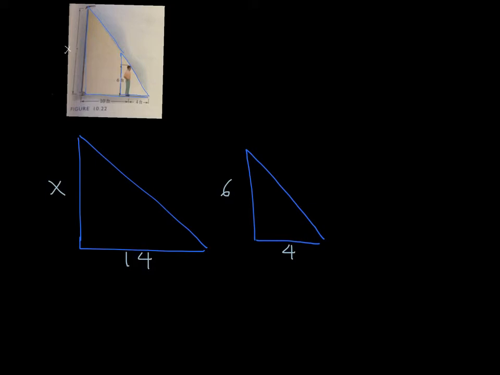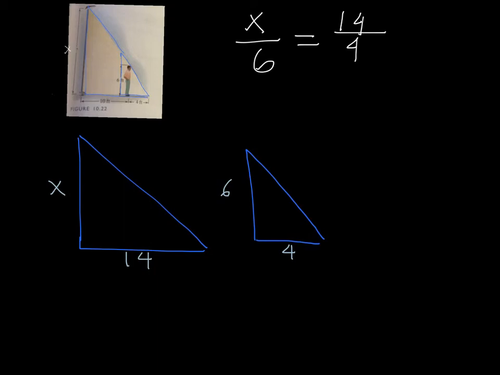So I'm going to say X to 6. And again, I started with the big triangle, so I've got to start with the big triangle again. So here we have 14 to 4. So this side corresponds to this side, and we have 14 to 4.